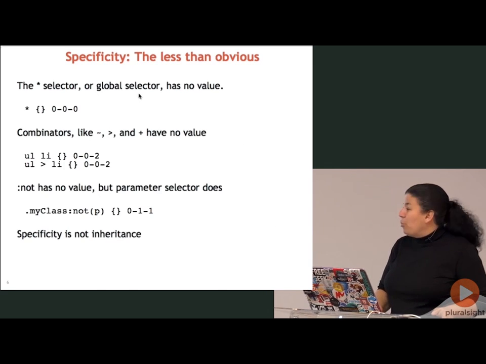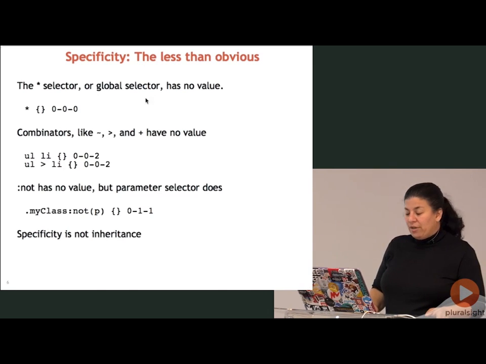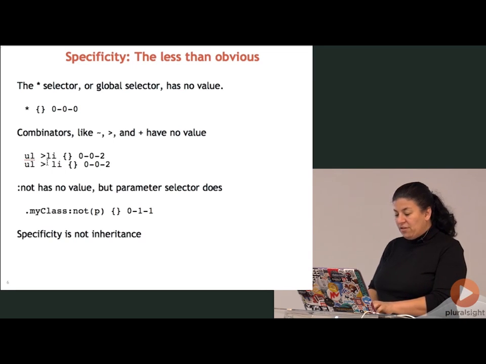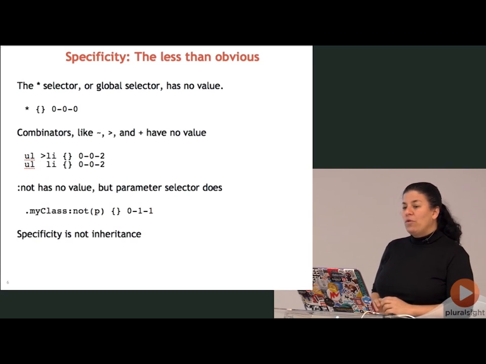The star selector or global selector has no value. We talked about that. Combinators like the tilde, greater than, and plus have no value. So this line has the same weight as this one. And if I'd done this, the second one would overwrite the first one because of the order.